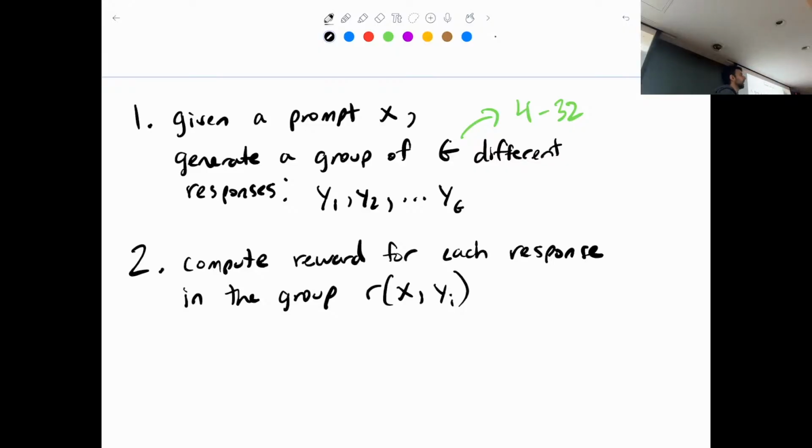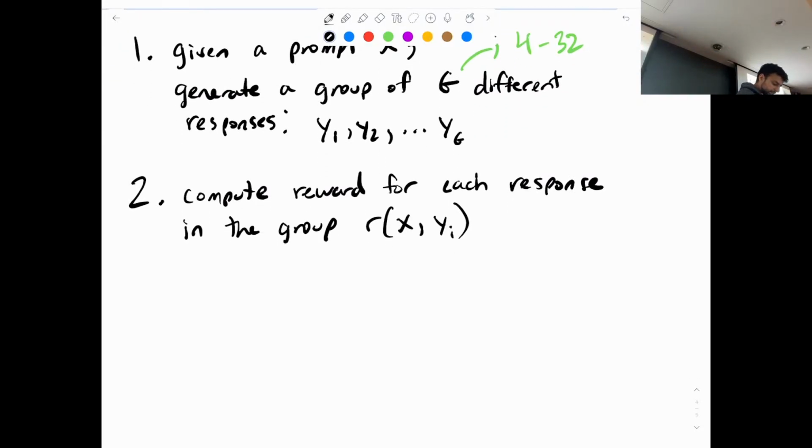Y_i is going to be the ith response generated and conditioned on this prompt. And before we were using i to refer to the position in the sequence. So now we'll switch that up a little bit, because for one prompt we have multiple different responses, and then each response has multiple different tokens. Okay, so so far not too different other than this concept of a group.